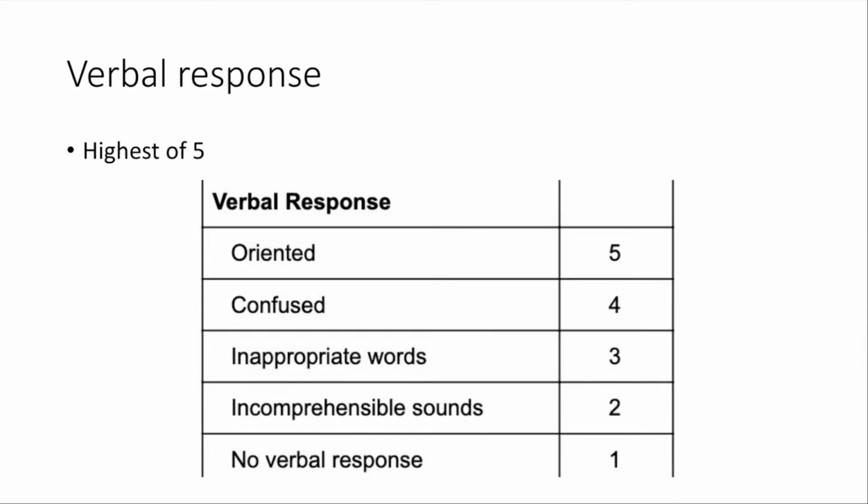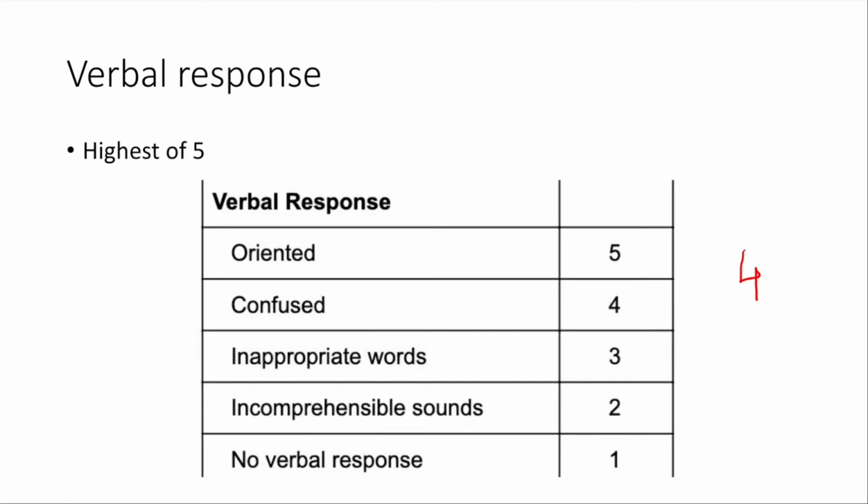Now what I want to point out to you is, it may not be very apparent from whatever you read, but the score of 4 is actually very tricky. Because confused doesn't just mean that he is not able to give correct answers to whatever you are asking. Confused actually means, if you ask him a question like, what is your name? He responds, New York.